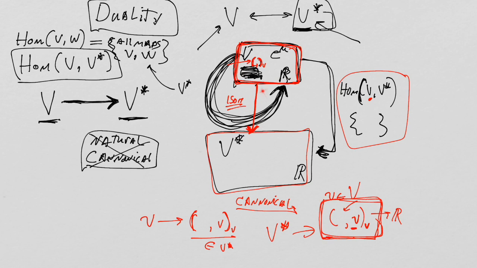This is the duality that we're talking about. When we say looking for vectors that are dual to each other, we're looking for these favored maps, these maps that exist automatically and aren't part of these massive sets of maps. We're looking for these favored single maps between one vector space and another vector space.